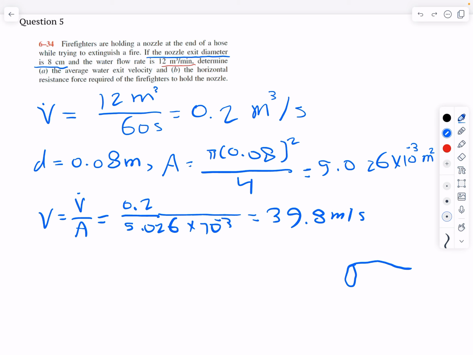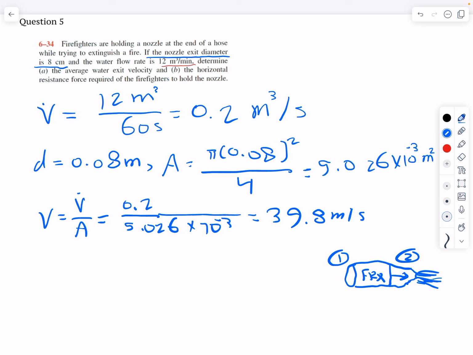It looks like that. This is the water coming out. I have here the FRX. Here I'll call it 2. Here I would call it 1. And here is the water coming out.